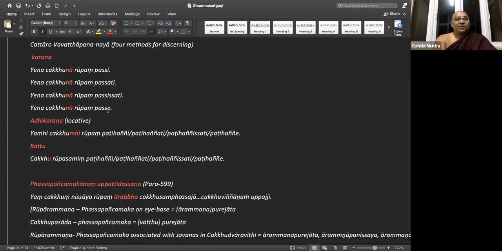So in brief, you can say "yena cakkhunā rūpaṃ passi". So with the eye, people or beings see what? They saw a visible object. That is one of the four ways we can discern the existence of the eye sensitivity.